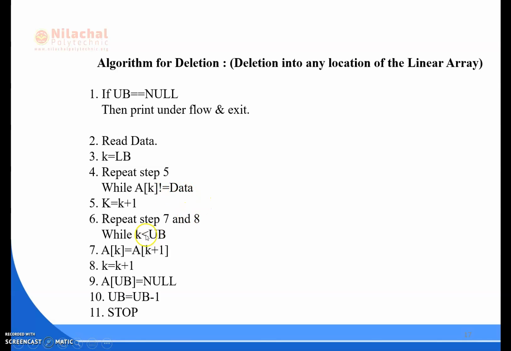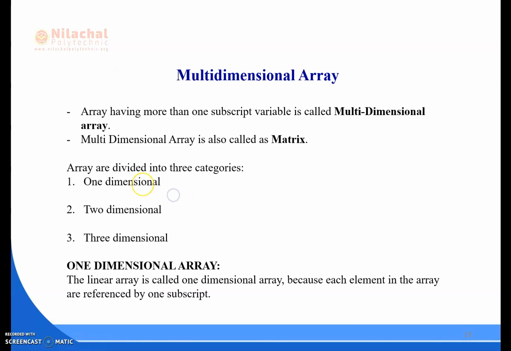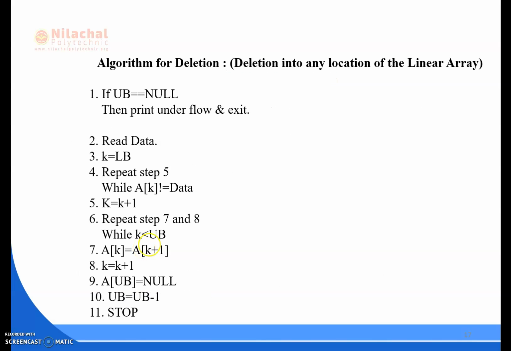So a of k is first of all a of 0. Obviously at the 0 position it is not there. a of 1 position is the second position of the linear array. If a of 1 is equal to data, it will not increment the k value anymore. It will come to steps 7 and 8.